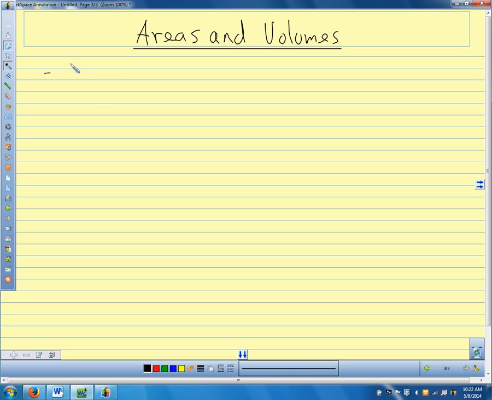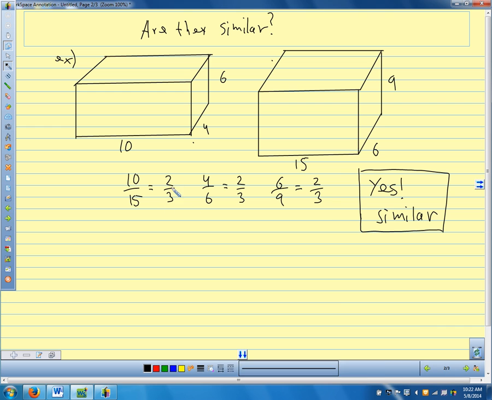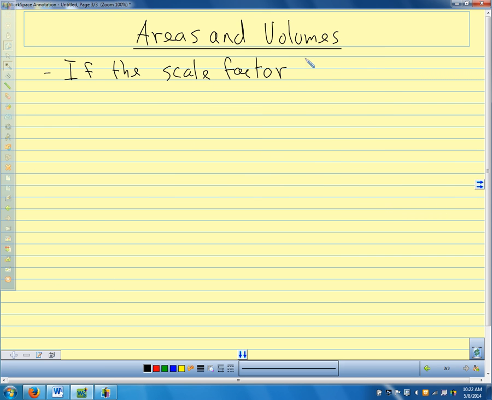So we're going to say if the scale factor, and I'm just going to go back here really quickly, the scale factor is the ratio of the sides. The other way we talked about it was the length ratio.